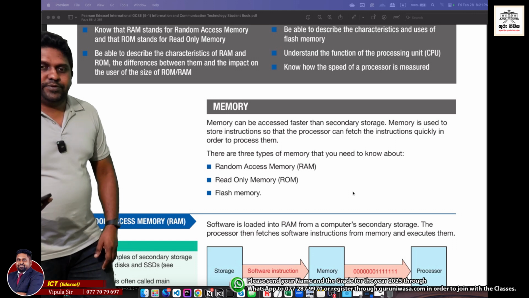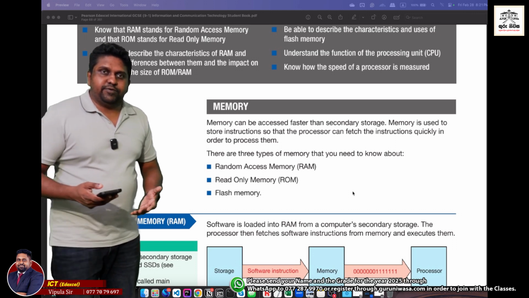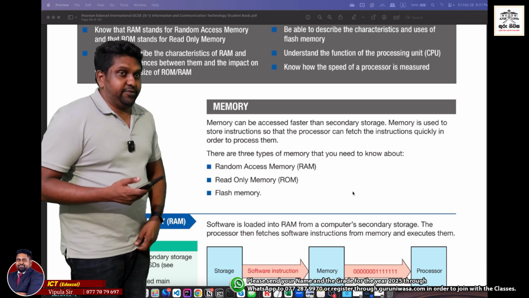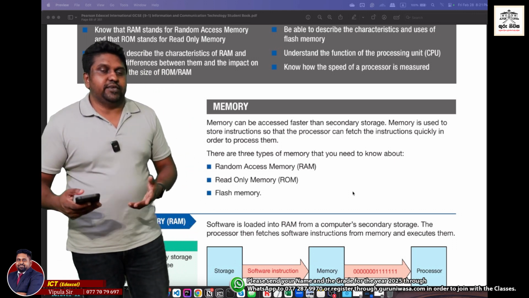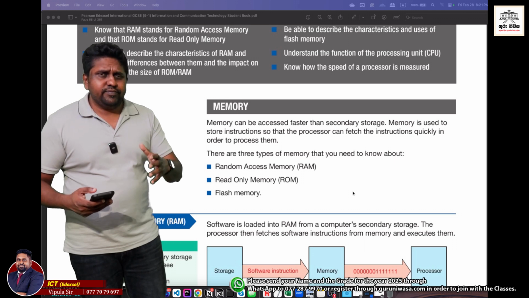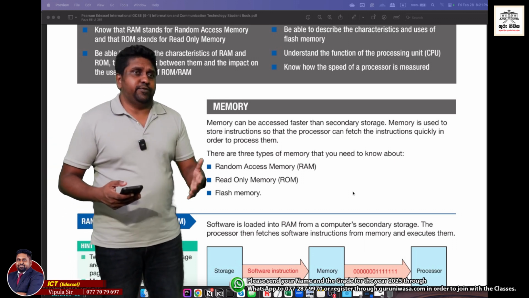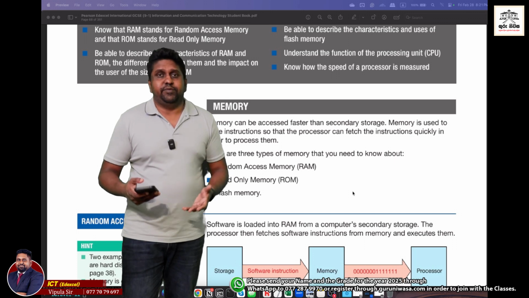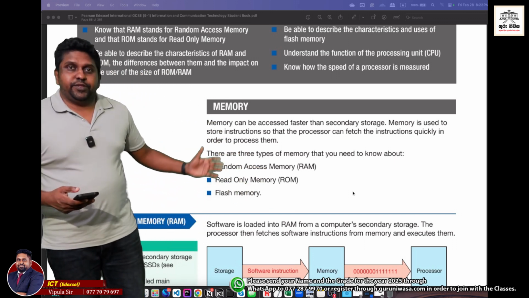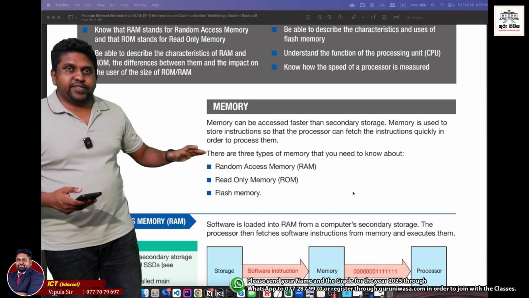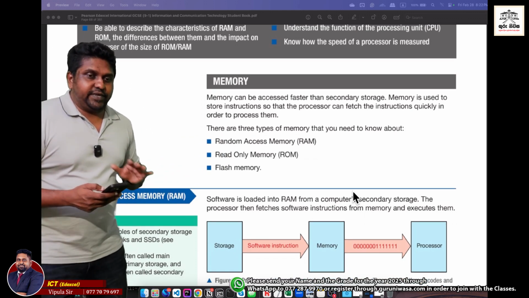RAM depends on the motherboard and on the CPU as well, because the RAM has limitations, so the number of RAM sticks you can put on a PC is limited. So based on that, you are limited up to a certain number of gigabytes.